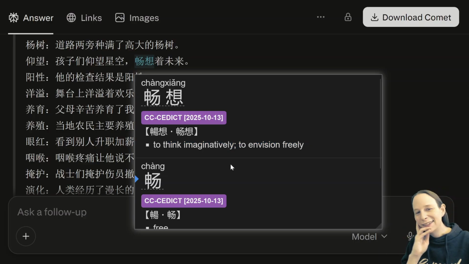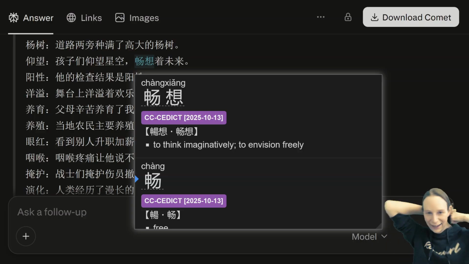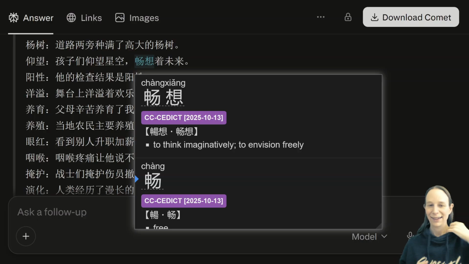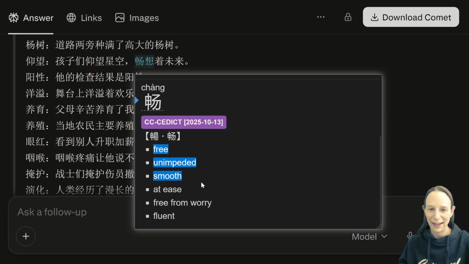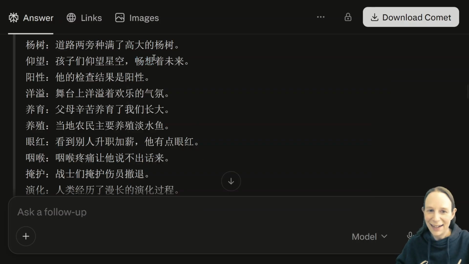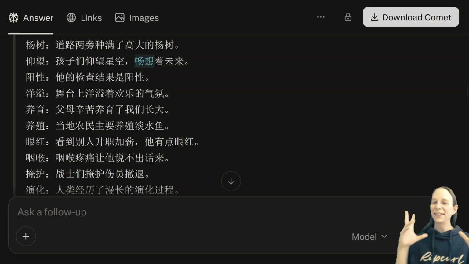So 畅 is like 顺畅, uninhibited, unrestrained, 流畅的畅. So 畅想 is like envisaging and imagining.